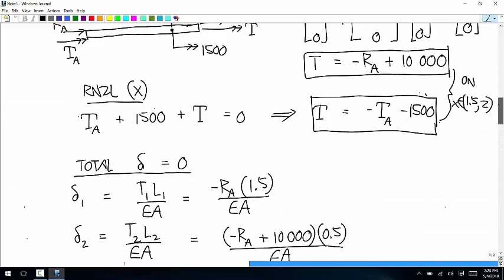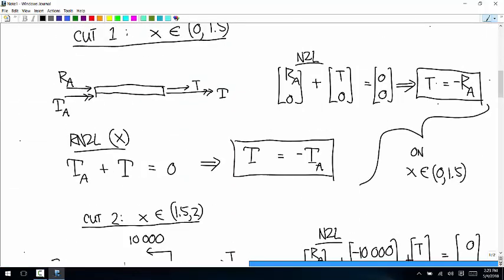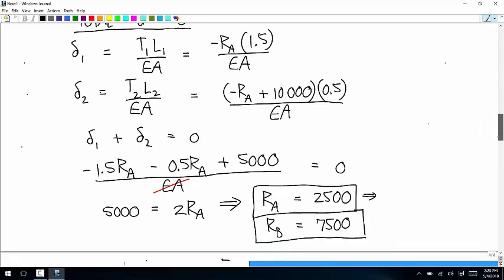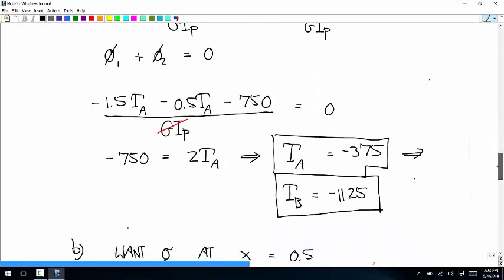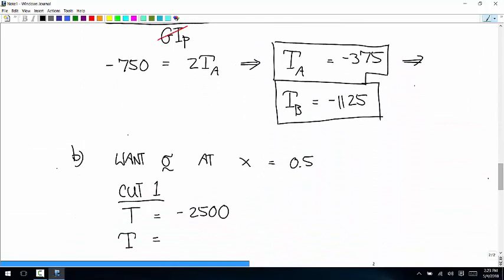We know from cut 1 that the internal torque is the opposite of that. So the internal torque is positive 375. Yeah, you got to be careful with those signs for sure. That can very easily mess you up.